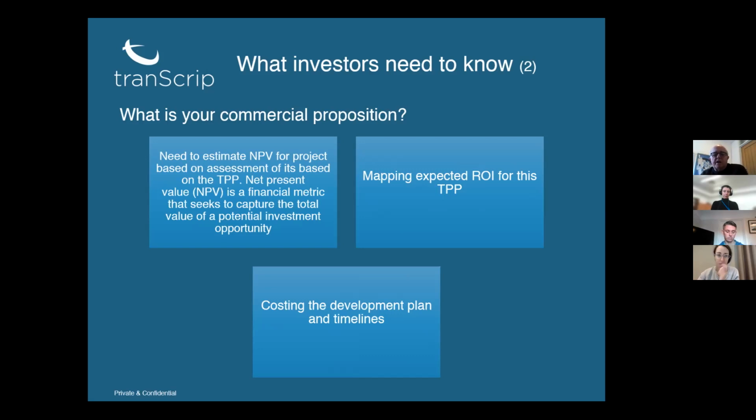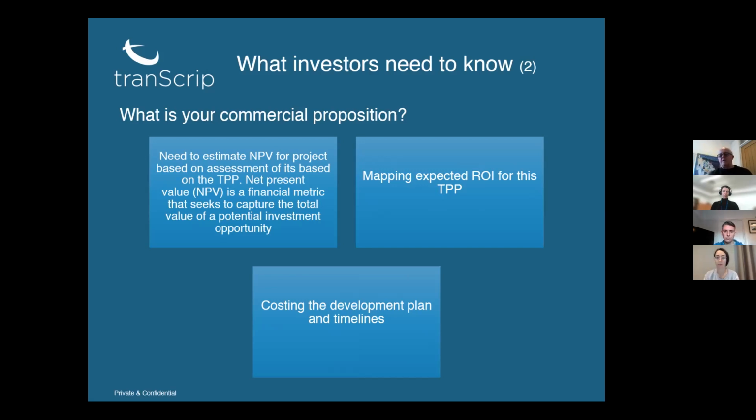So what investors are looking for is, based on the target product profile that you're running with, what is the actual worth of this over a decade or 15 years? And you put that to the return on investment. That is, how much you're going to need to spend to get it to that NPV. And that's the balancing act.